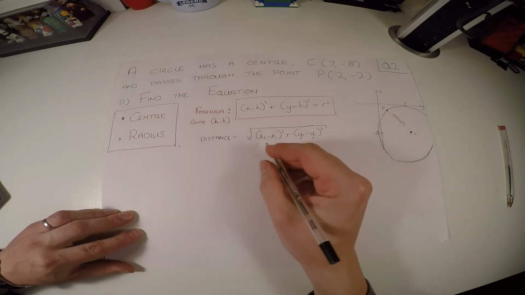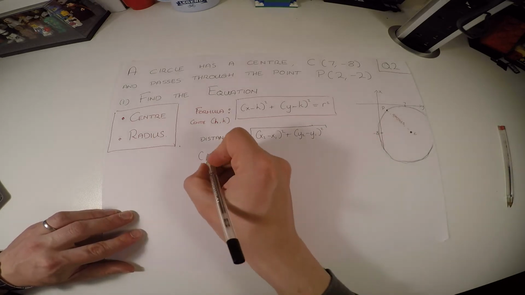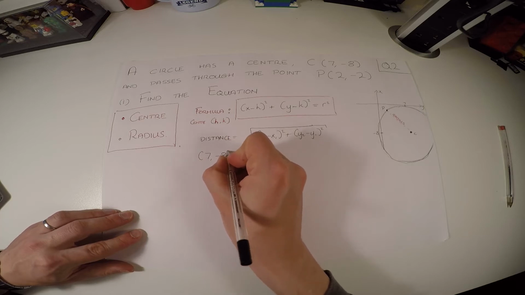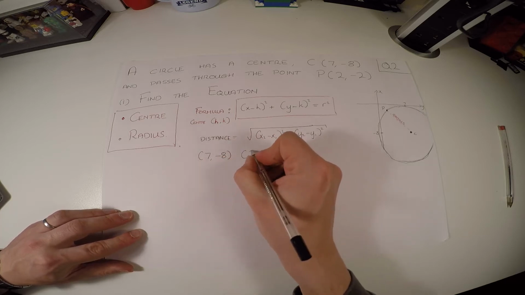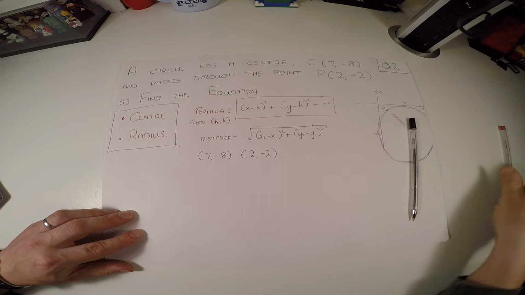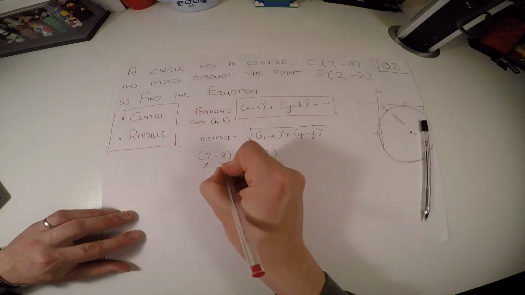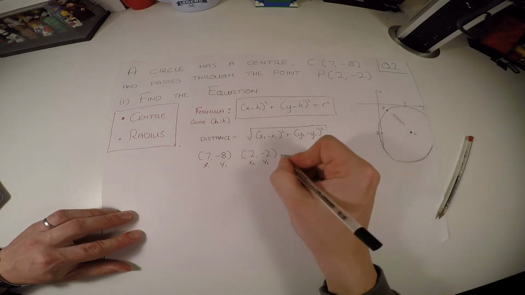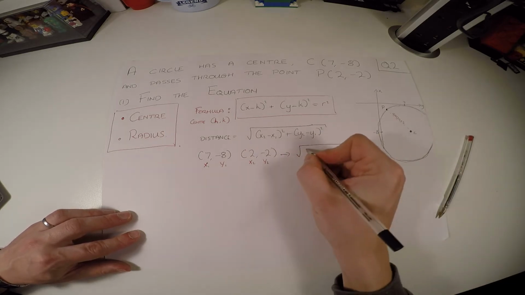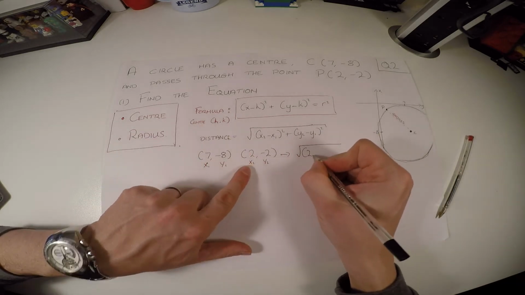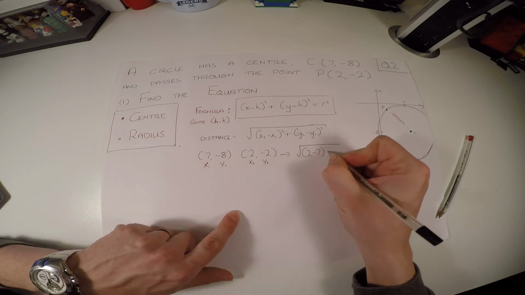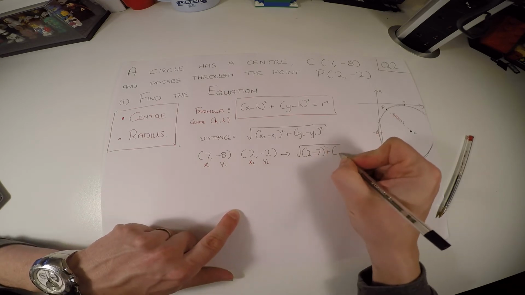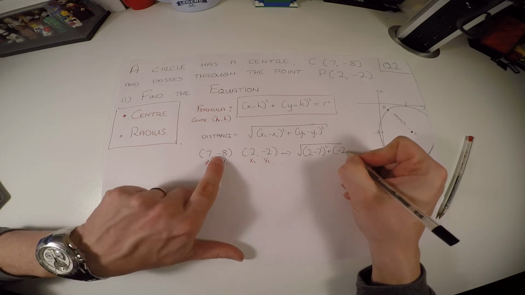Okay, so let's look at the 2 points we have: (7, -8) and (2, -2). Let's label those our x1 and y1 and our x2 and y2, and put them in here. That means it's the square root of x2, which is 2, minus x1, which is 7, squared, plus y2, which is -2, minus y1.